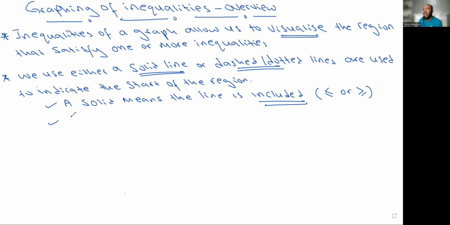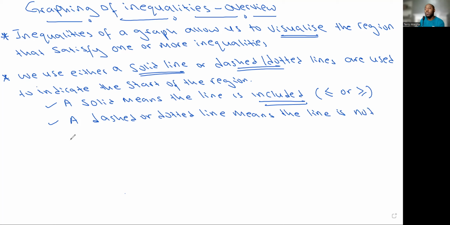But we use a dashed or dotted line when the line is not included, and usually we use less than or greater than for this.